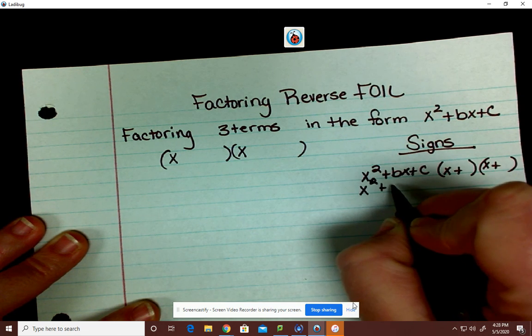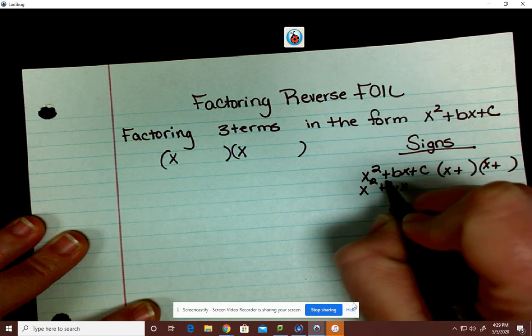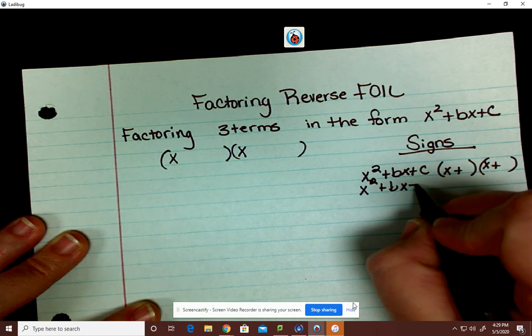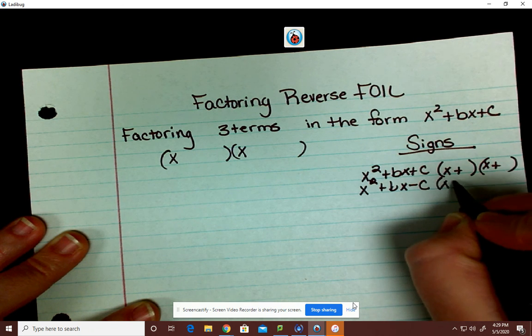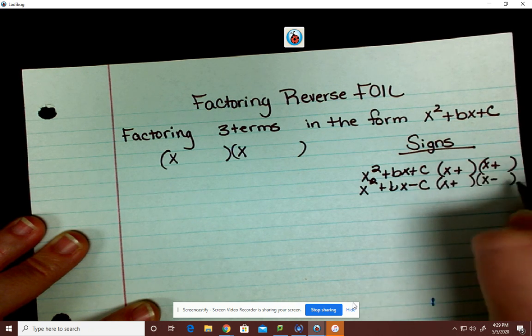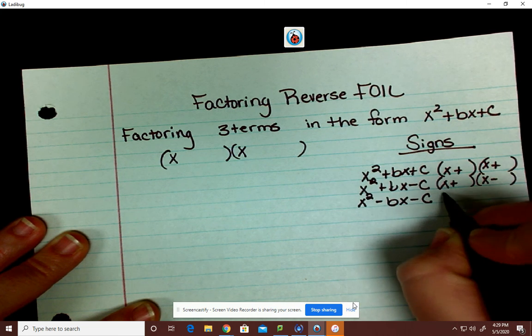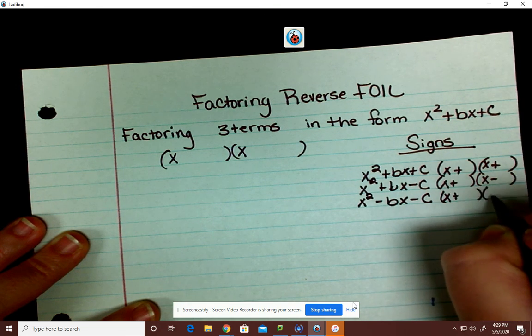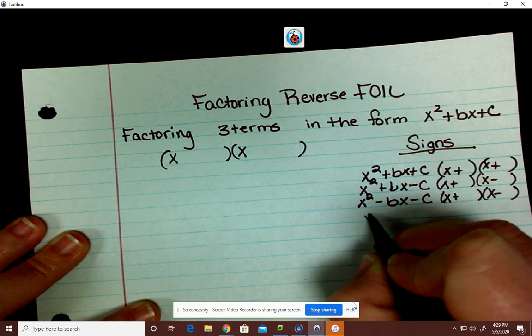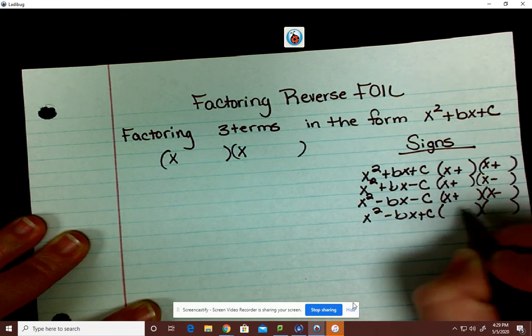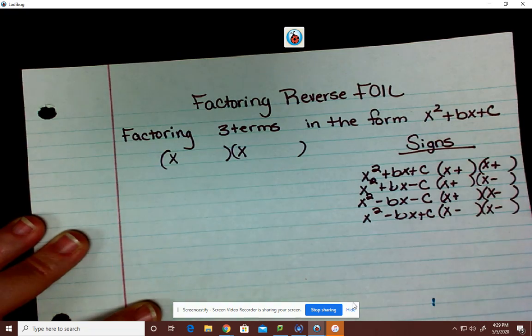Depending on the signs between the bx and the c and the x squared and the bx, what signs those are will tell you what signs you need inside your parentheses. So you just match up your signs and then that'll tell you your signs you need here. You don't technically have to have this, but a lot of us like having that there.